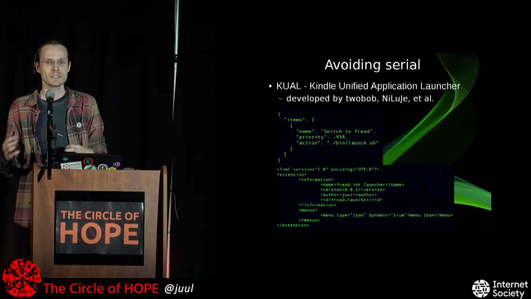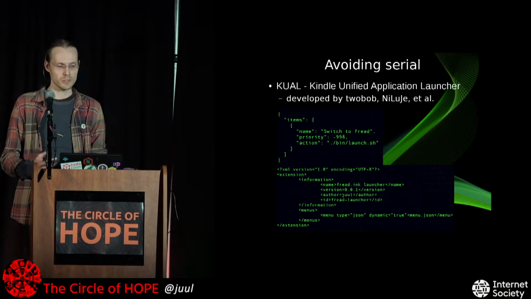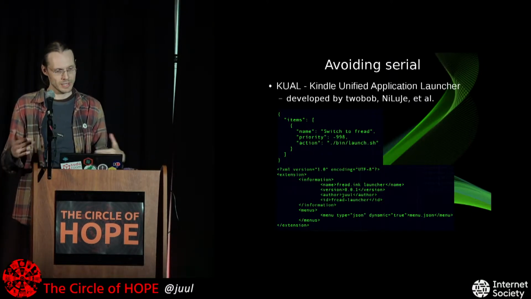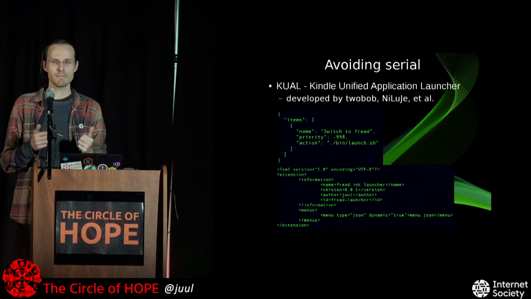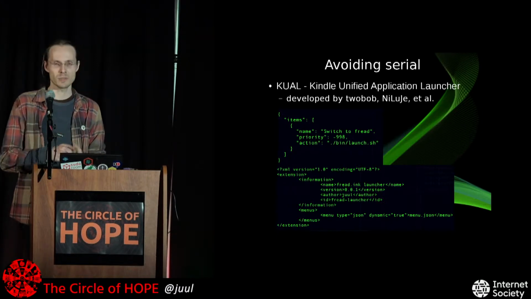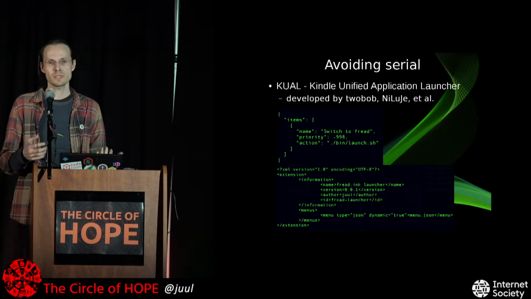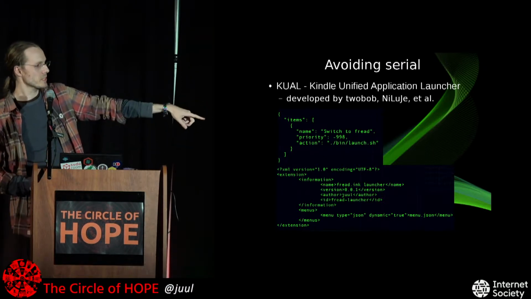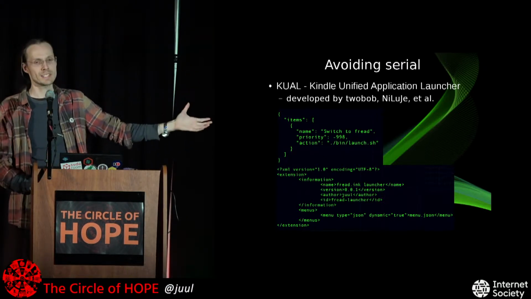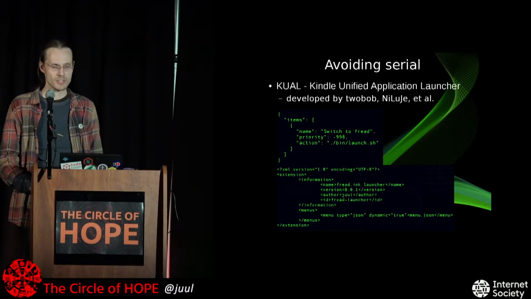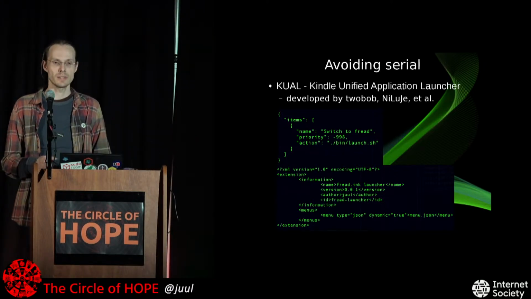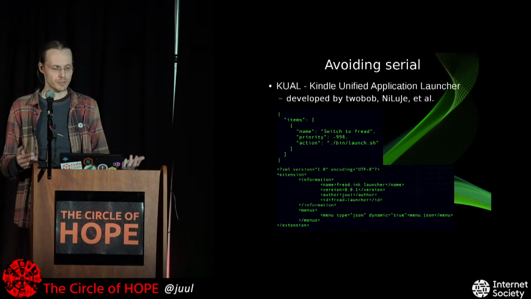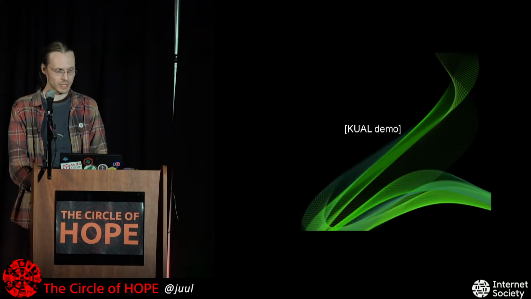You can sideload it onto a Kindle running the official firmware, and it creates basically a fake book that you can access in your library. When you click it, it's a menu system that allows you to launch scripts. What's right here is an extension for the application launcher that allows you to launch a script that starts the kernel using KXEC.